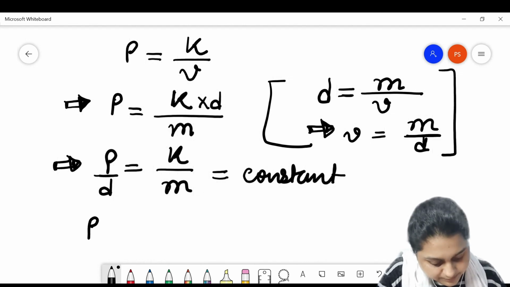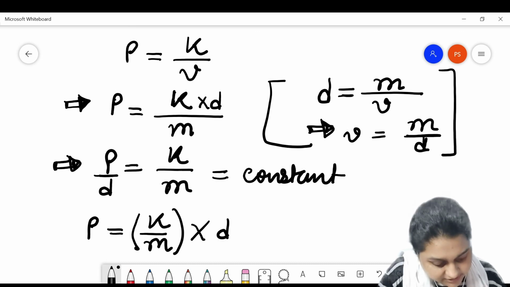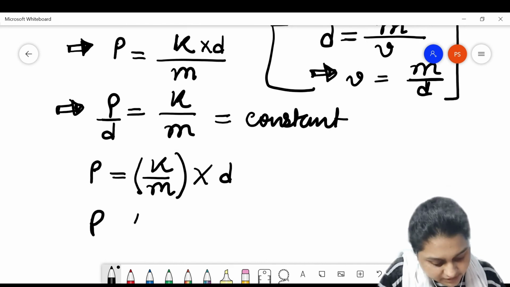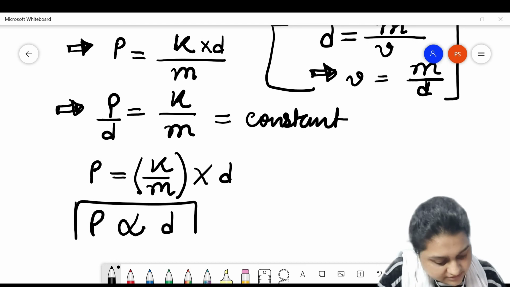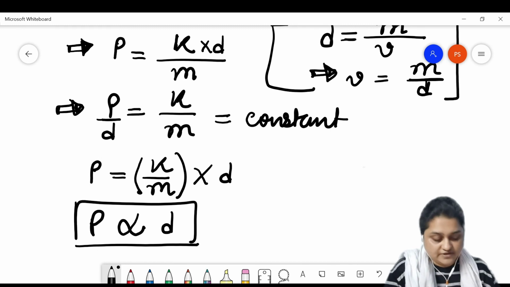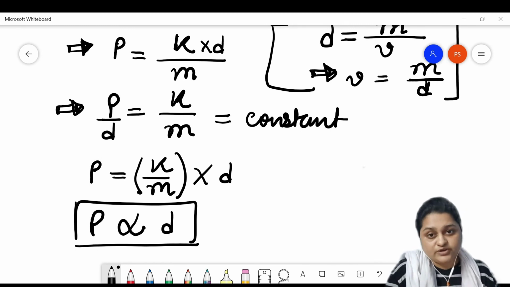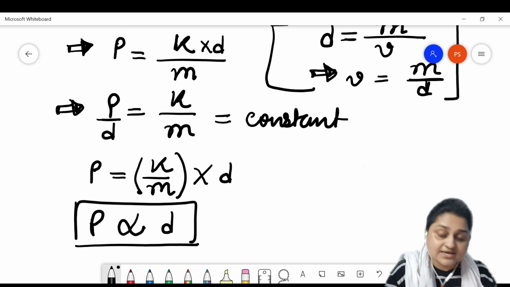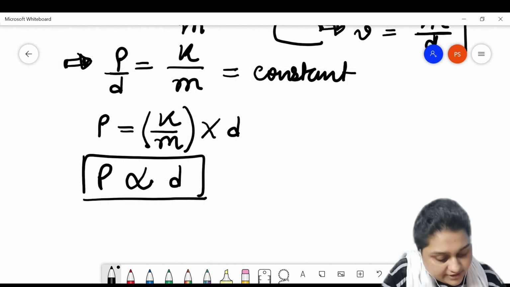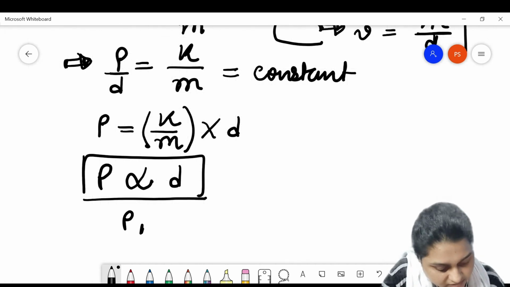So I can write P equals to K by M multiplied by D. That is, by removing the proportionality constant or constant term, I can write P directly proportional to D. That is, the pressure of gas is directly proportional to the density of gas. If you increase the pressure of gas, the gas will become more dense. If you decrease the pressure of the gas, the density of gas decreases. Or you can write P1 by P2 equals to D1 by D2.